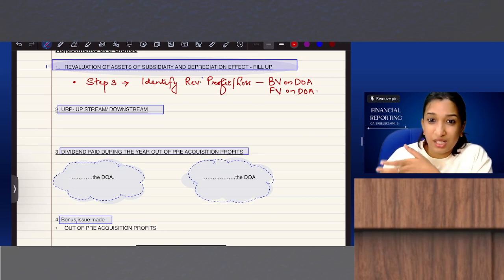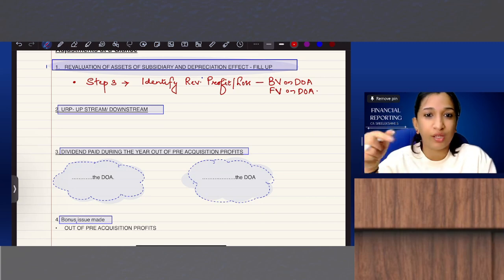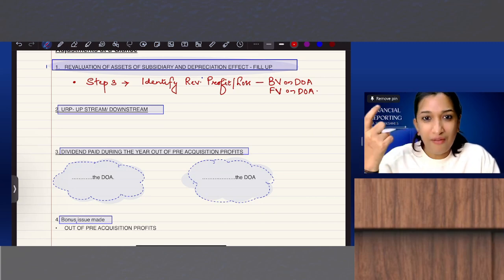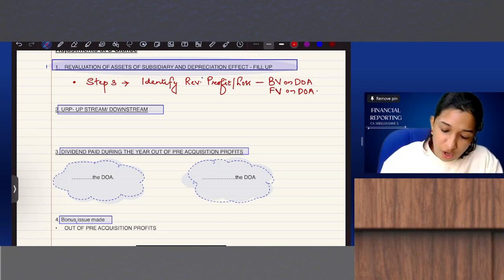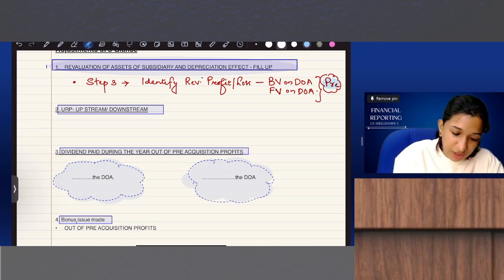If closing-date or other-date values are given, you should go back to the date of acquisition and identify the revaluation profit or loss, which is always of pre-acquisition nature.